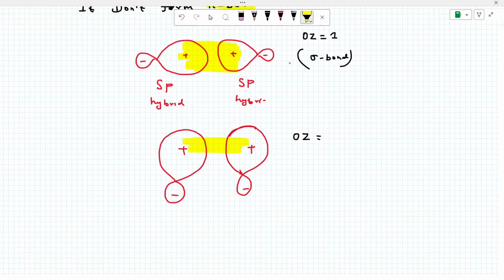So how many overlap is only one தான். அப்ப this is strong. அப்ப therefore the hybrid orbitals don't form pi bond.